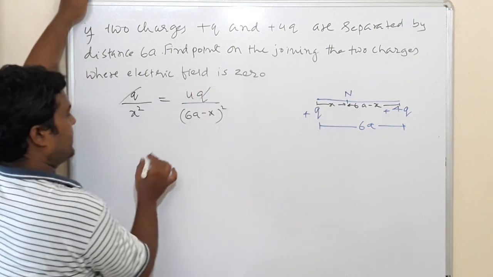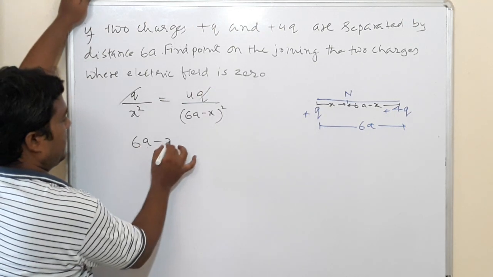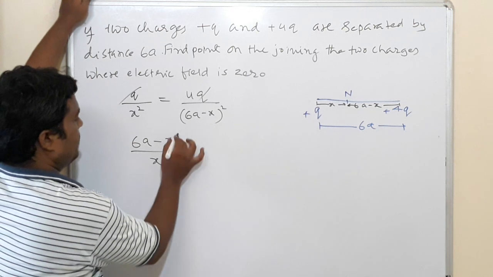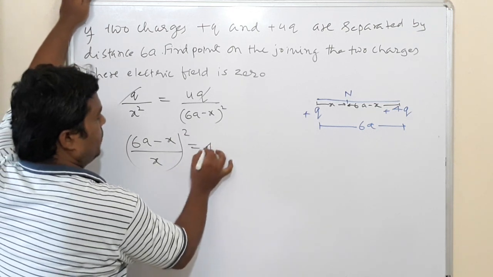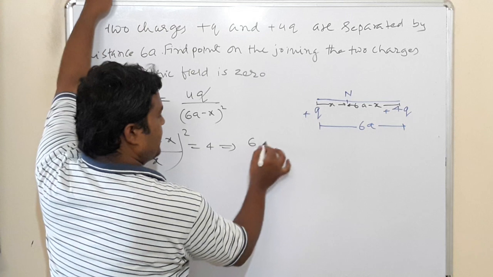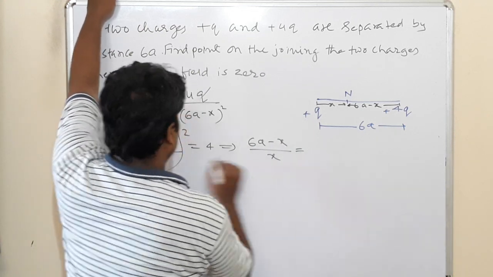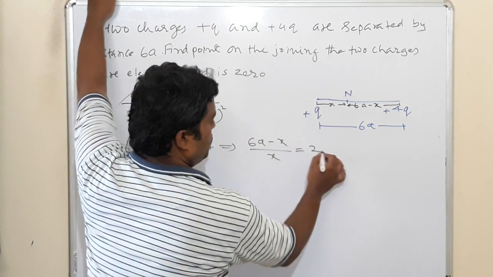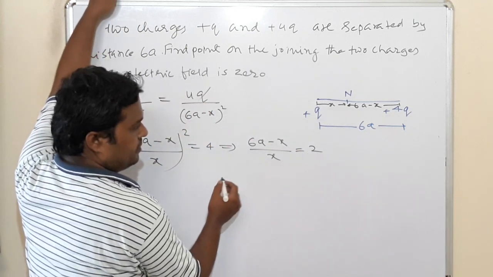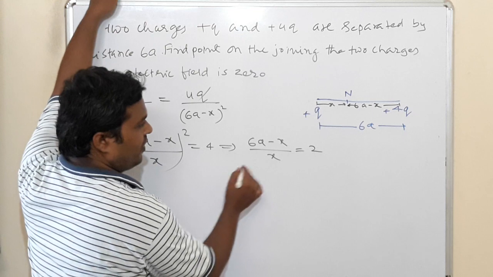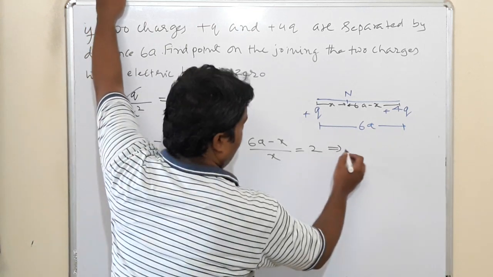Then Q cancels. Then (6a minus x) by x whole square will be equal to 4, which implies (6a minus x) by x is equal to root of 4, it is 2. Cross multiply it.